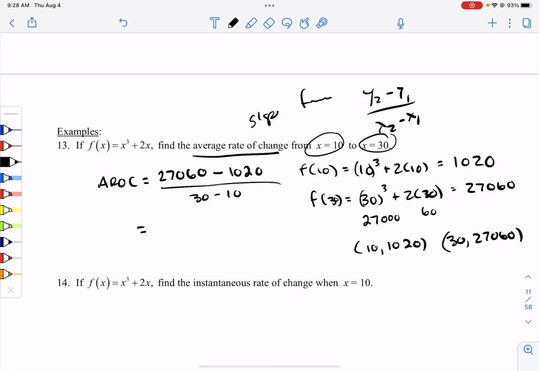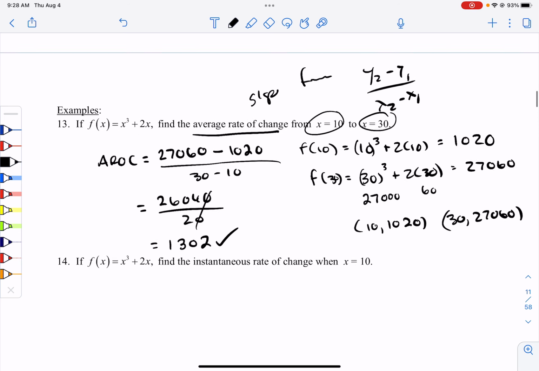So that becomes 26,040 over 20. The zeros are going to cancel. That's going to get cut in half, so 1,302. So my average rate of change is 1,302. That's my average rate of change between those 2 points.